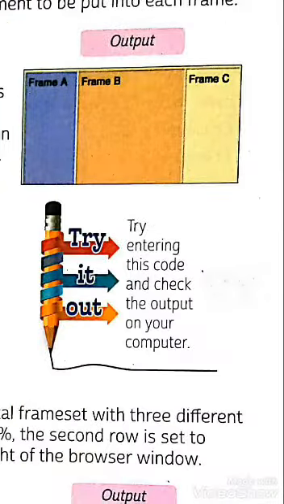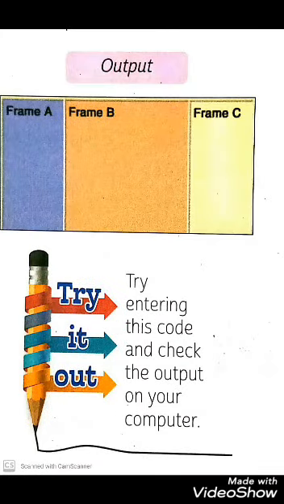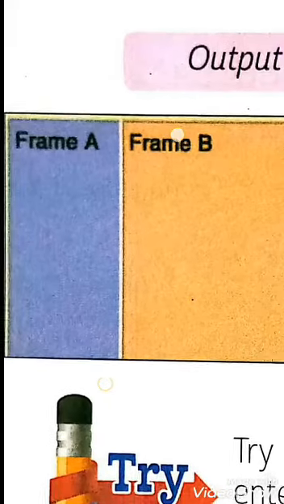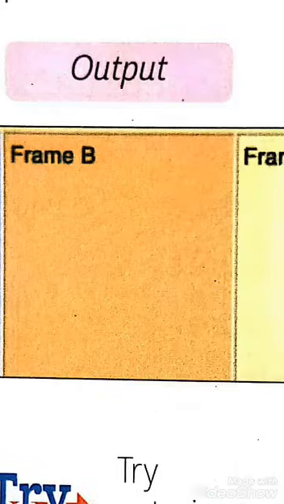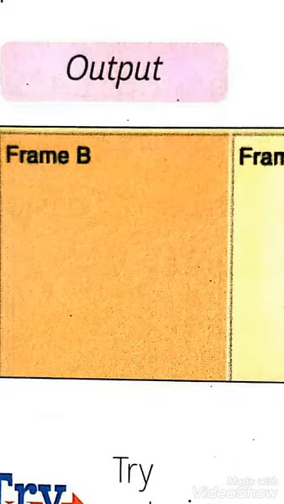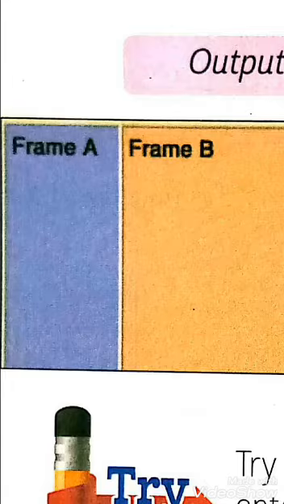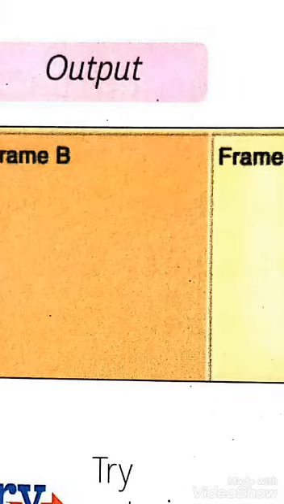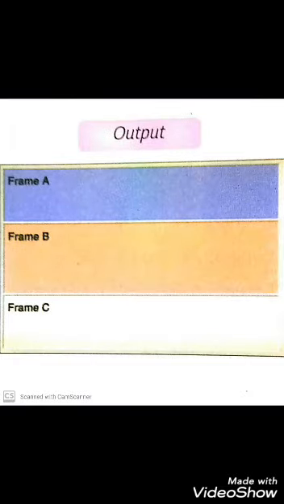See, this is the vertical: frame A, frame B and frame C. This is vertical and this is horizontal. Vertical is known as a column, that is a vertical series of lines, and horizontal is known as a row.